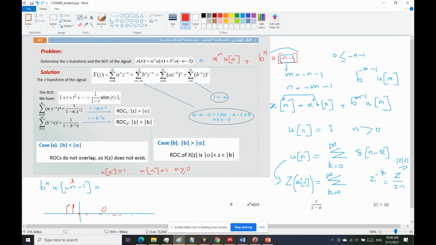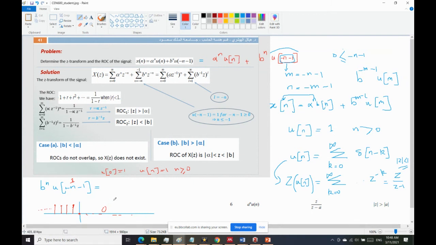So it looks like it's going to be 1 for all the values. So this is how it looks.